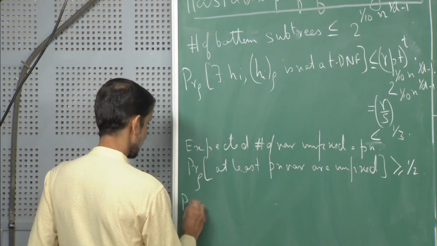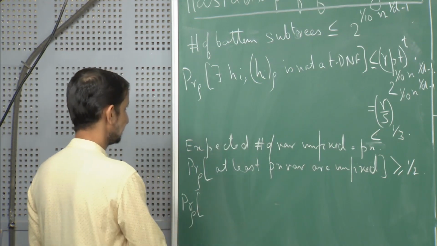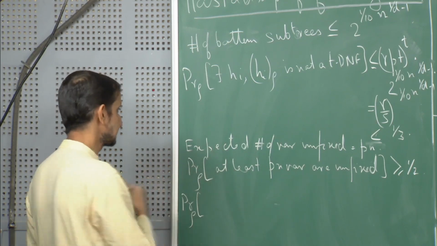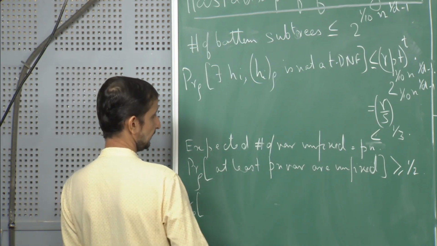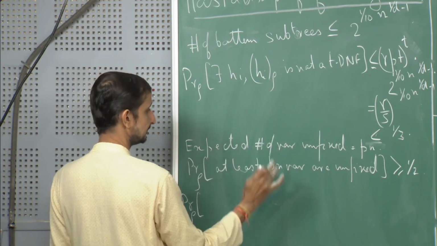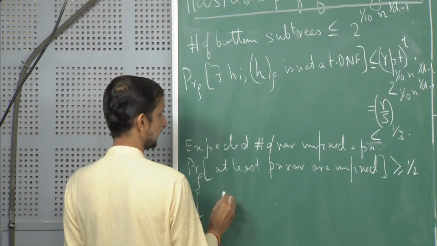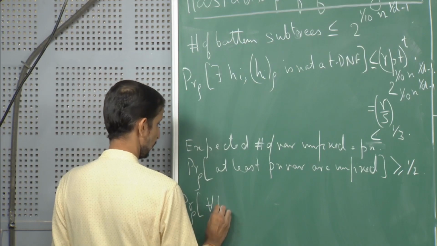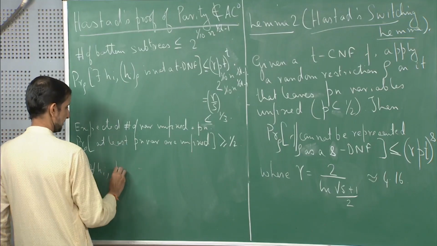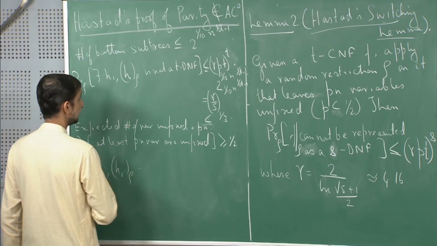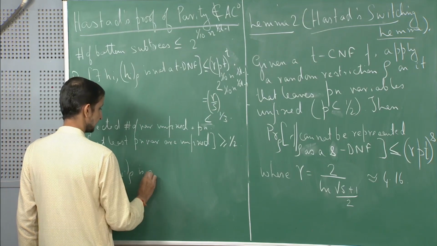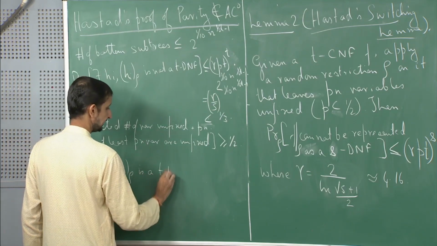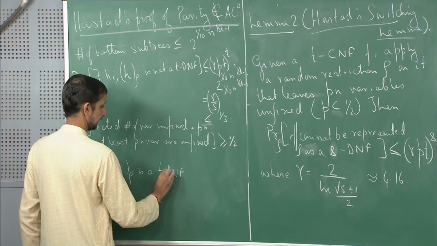So, the probability that both these events are simultaneously true, or actually the complement of one of them and the other simultaneously true, that is, for all H_i, H_i restricted to rho is a t-DNF.